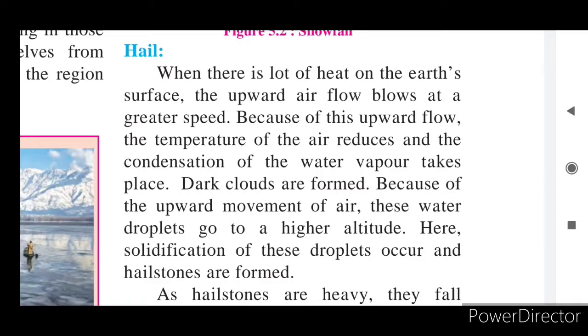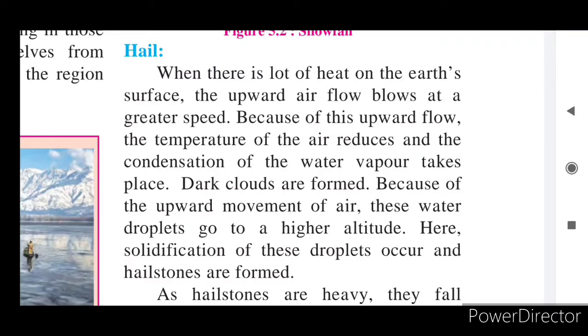Dark clouds are formed because of the upward movement of air. So as the air goes up and up, due to the heat, the air becomes light, and that air is flowing high, means upward.